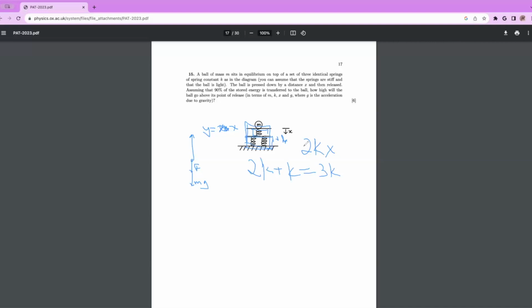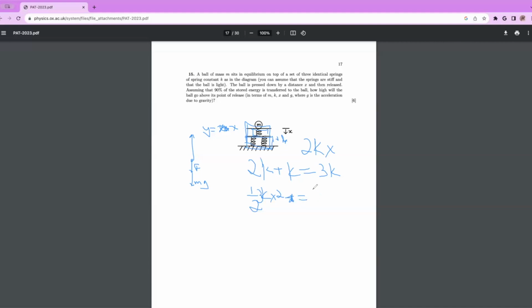So if it's a spring of length L, then the potential energy gained will be 1/2 times 3k x squared, because it'll be one big spring with a spring constant of 3k. There's no plus term actually because there's no gravity to consider.